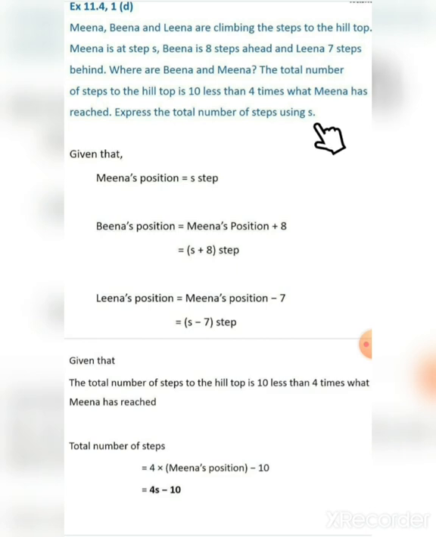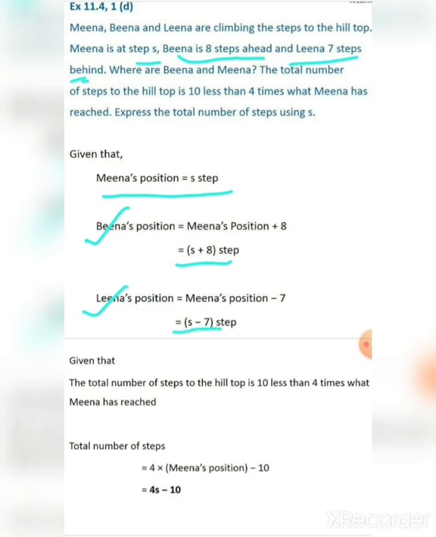How to do? It is given there Meena's position as S steps. Now Beena is 8 steps ahead. Ahead means plus. So Beena's position would be S plus 8 and Leena is 7 steps behind means minus. So Leena's position will be S minus 7.